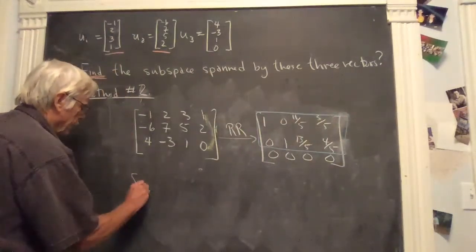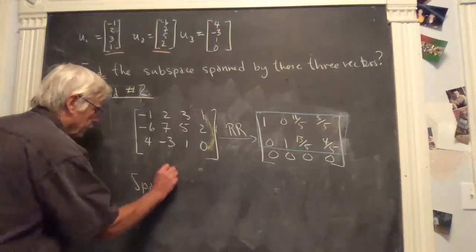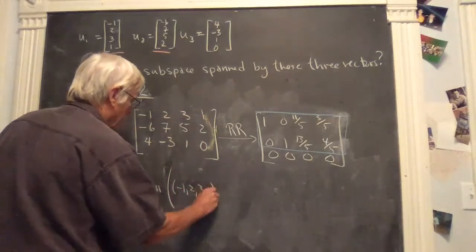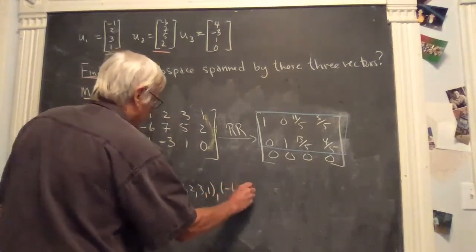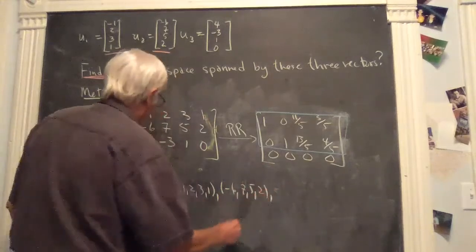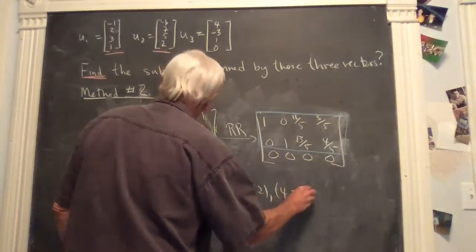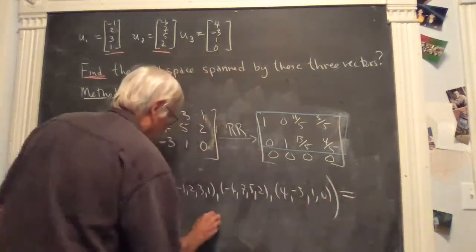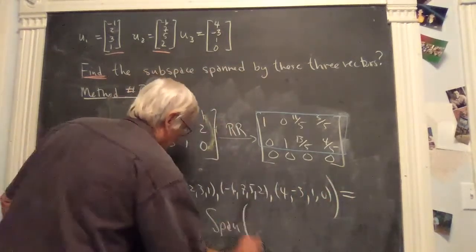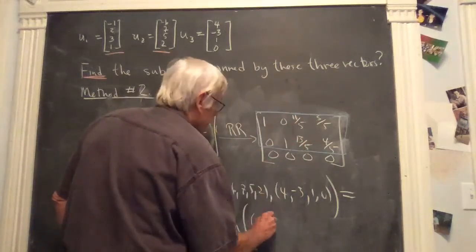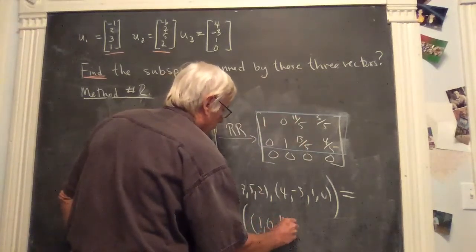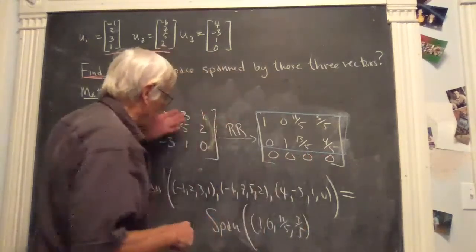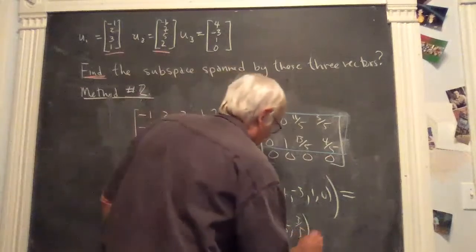So the span of, I'll write things out as rows here, the span of these 3 rows, minus 1, 2, 3, 1, minus 6, 7, 5, 2, and 4, minus 3, 1, 0. The span of those 3 is exactly the same as the span of these 2. It shows you that there's this 0 row says there's 1 redundancy among these in terms of linear combinations.